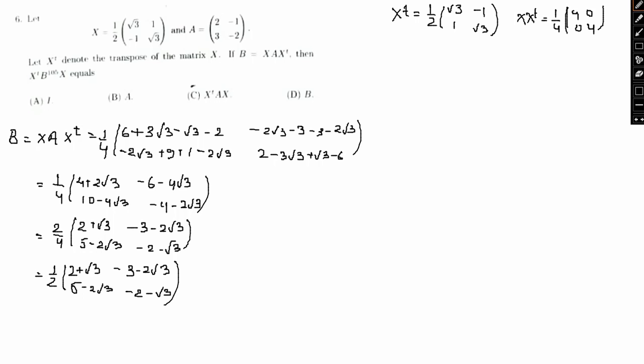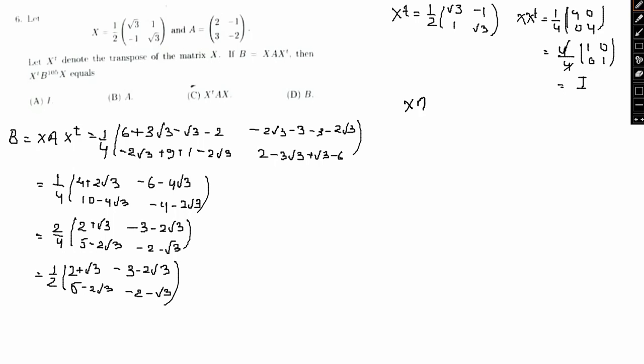Okay, which can be again further written as 4 by 4, 1 0 0 1, which is the identity matrix. So this gets cancelled, so this will be I again.